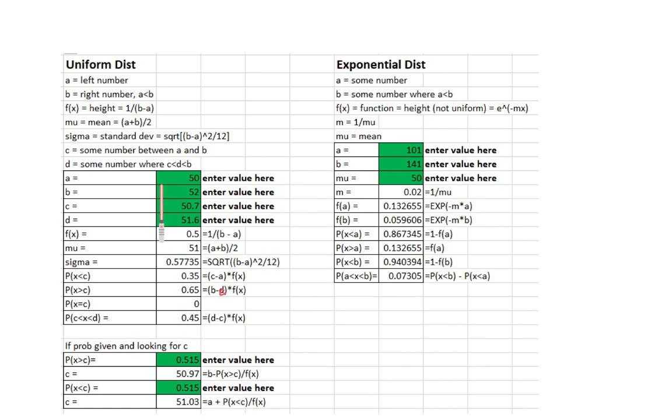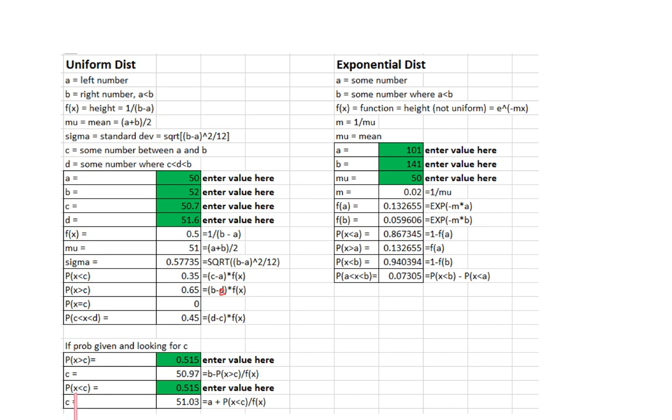So you'll need to know A and B still to be able to figure out what C is. But if you're given the probability and you're given A and B, you should be able to go backwards and say, well, C would have to be B, the ending point, minus the probability of X greater than C divided by the uniform distribution function.